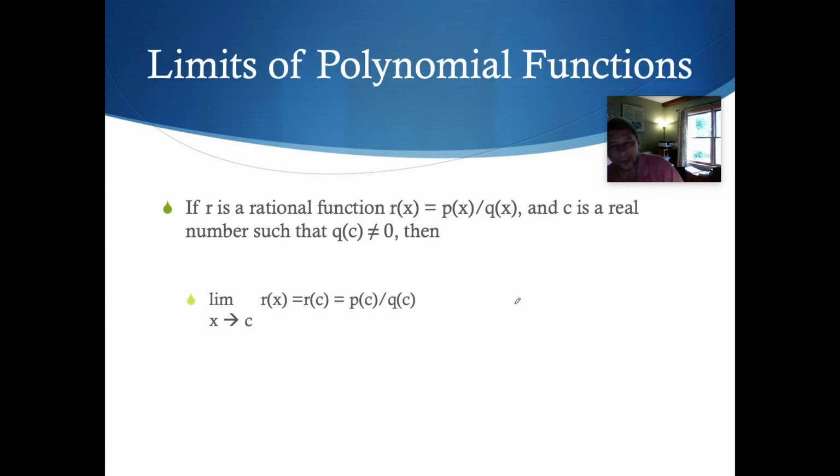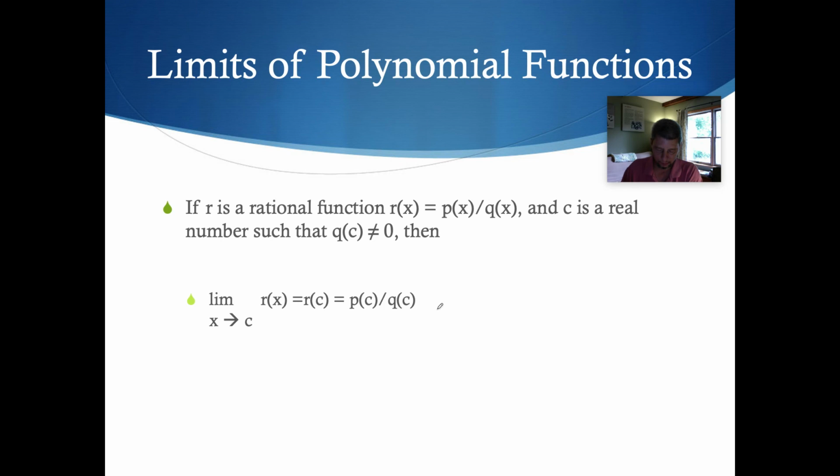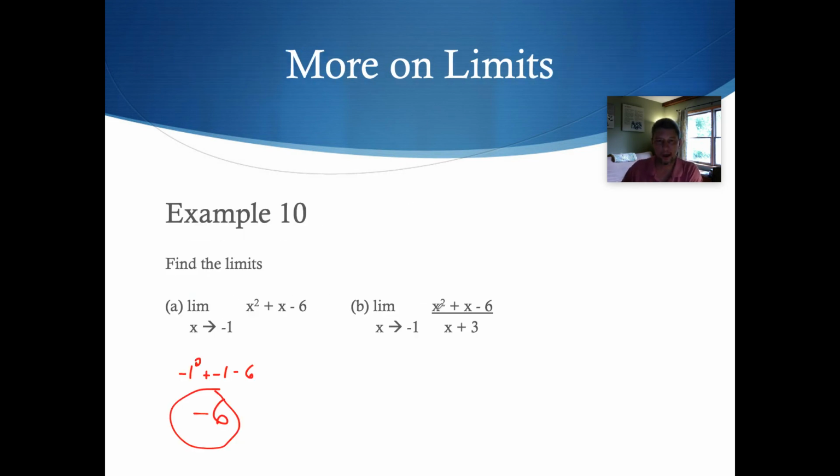Now, I already know that as x approaches negative 1, x squared plus x minus 6 is equal to negative 6. Then if I plug in negative 1 here, negative 1 plus 3 is 2. And so the limit of this function is simply going to be negative 3. And so there's my answer for B.